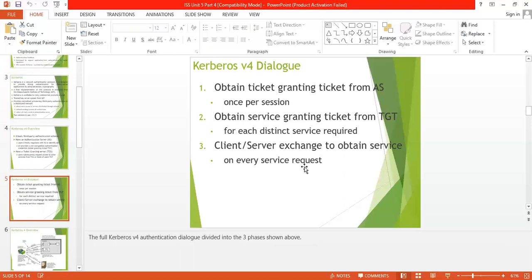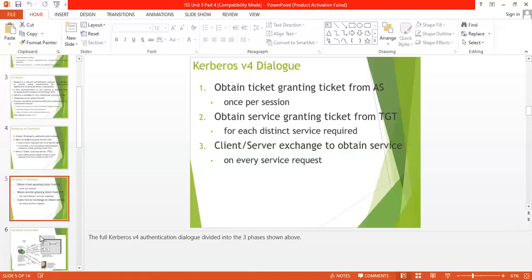Obtaining the service granting ticket from the ticket granting server is required for each distinct service, and the client-server exchange to obtain service happens on every service request. So this is the simple three-phase Kerberos V4 dialog.